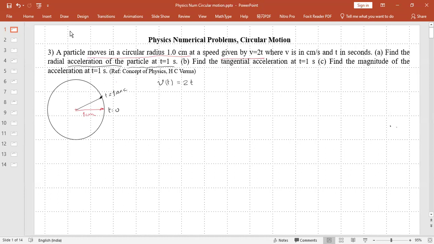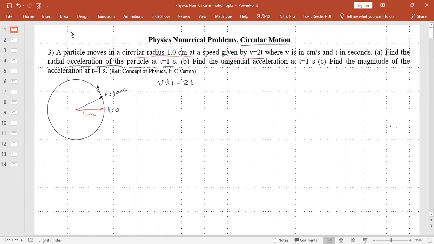Now we know the particle always moves in tangential direction. Velocity is always in tangential direction. And in the circular motion chapter, we know tangential velocity always has a radially inward pointed acceleration, which is a.